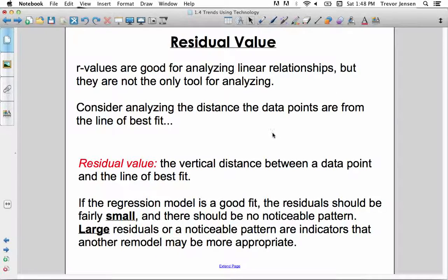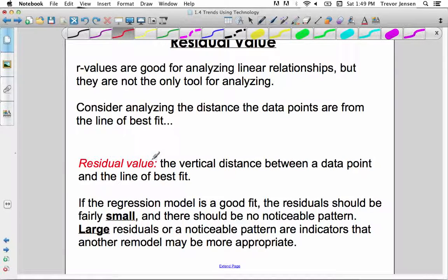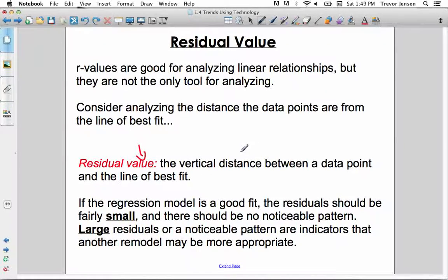Okay, the next thing I want you to be able to do with your calculator is determine the residual values. Basically, residual values are good for analyzing linear relationships as well. So not only are the r and the r squared values good, the correlation coefficient and coefficient of determination, but we also want to know what residual values mean. A residual value, most simply put, is the vertical distance between a data point and the line of best fit.